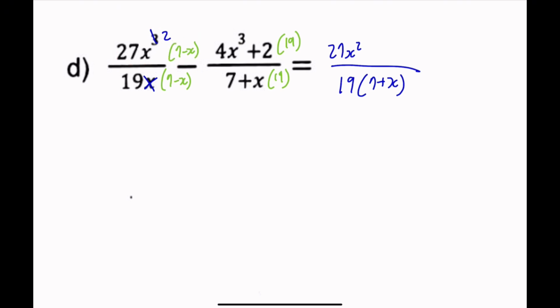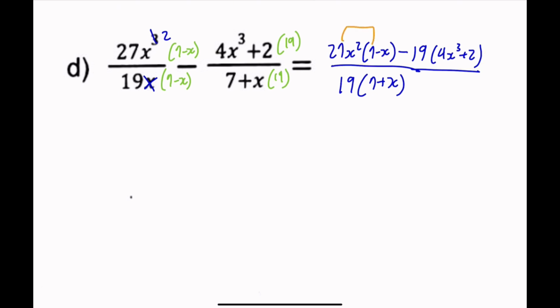So this times 7 minus x, and then we have this thing times 19, right? So this is a minus, so take care that you do it as a minus. And so this is 19 times 4x cubed plus 2. And so we want to just know what that is.